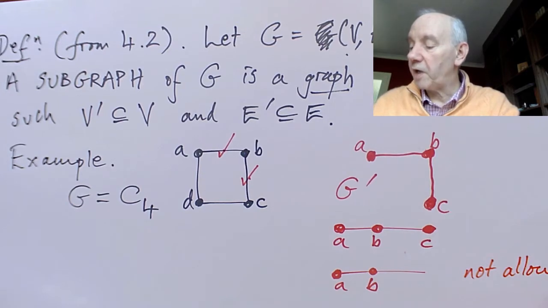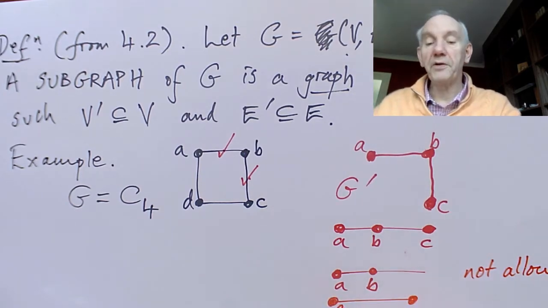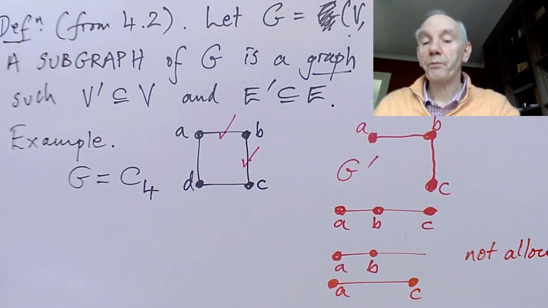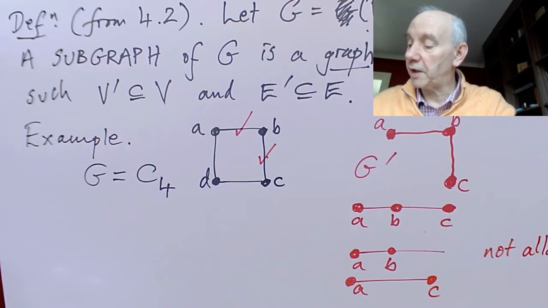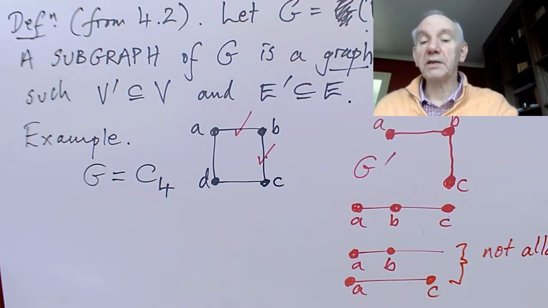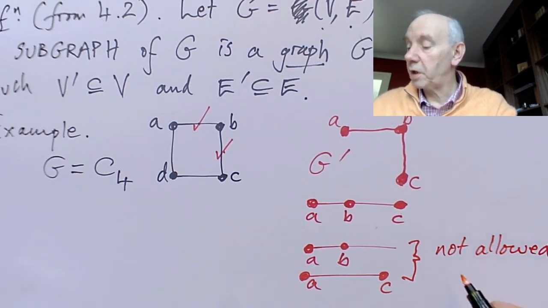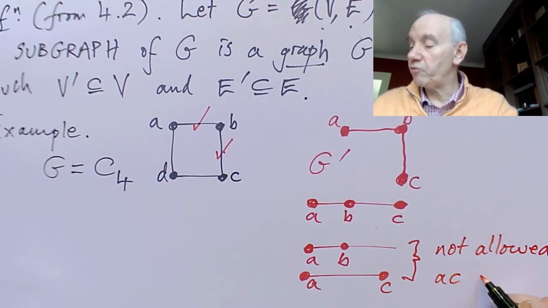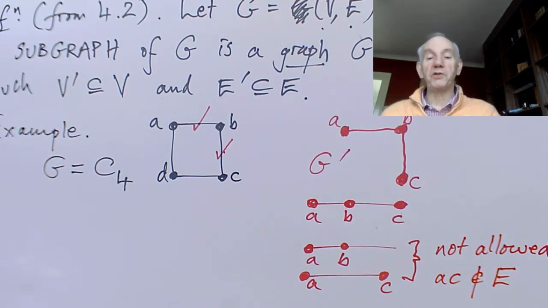Nor can we have A and C like that. These are also not allowed. This is also not allowed. The reason this last one is not allowed is that AC is not an edge in the original graph. So it can't be an edge in the subgraph.